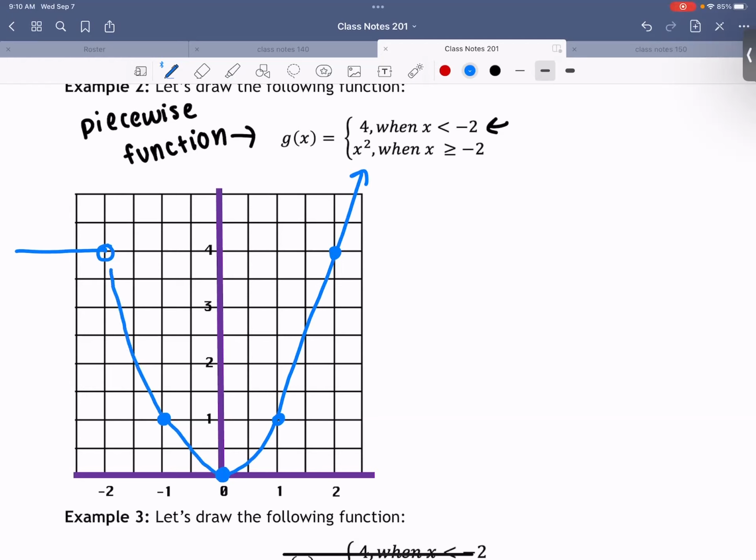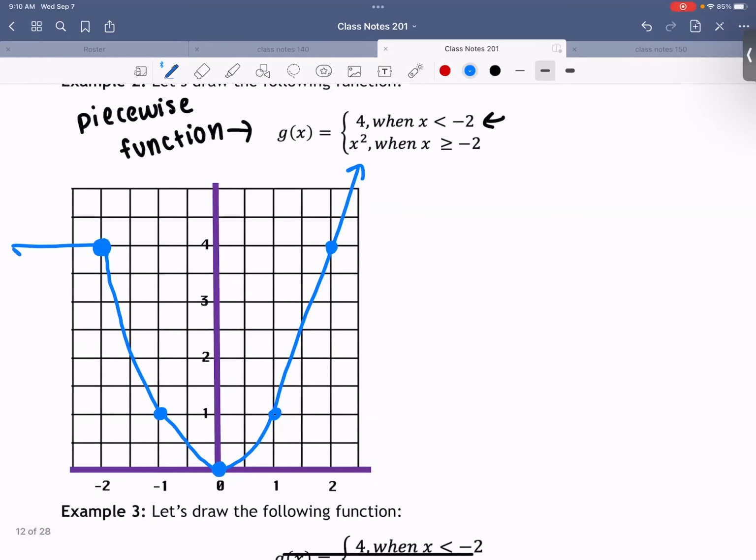What's the value of my parabola at -2? You can circle it. It's 4, right? So we can actually fill in the circle, not because of the top part, but because the bottom part is telling us that we can fill in (-2, 4) as our point. Any questions on how to get this graph?